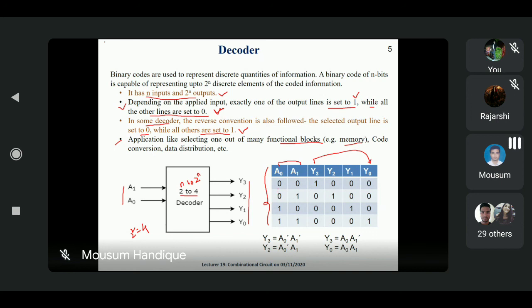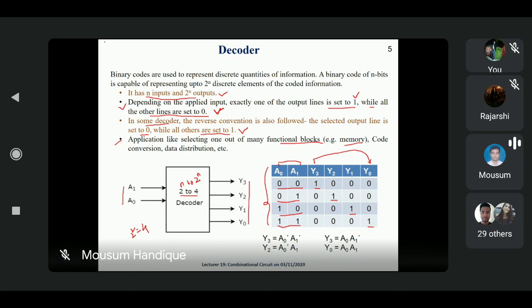If the combination of A0, A1 is 0, 0, then Y3 is active. If the binary sequence of A0, A1 is 0, 1, then Y2 is active. If it is 1, 0, then Y1 is active. And when A0, A1 is 1, 1, then Y0 is active.